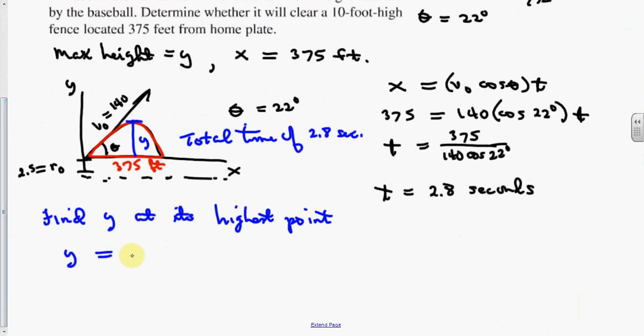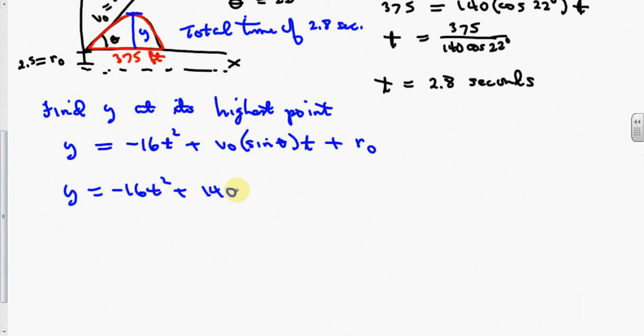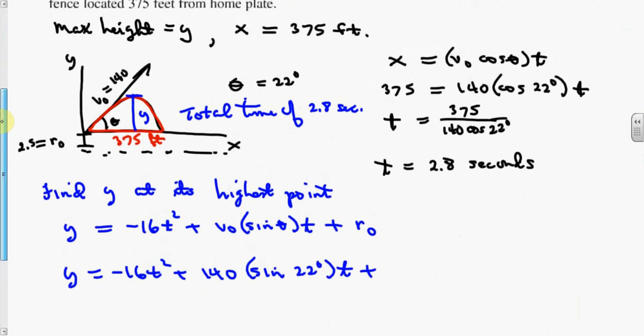This is y equal to negative 16 t squared plus the initial velocity times sine theta times t plus the so-called initial height. This is y equal to negative 16 t squared plus the initial velocity. They give us that to be, was it 140? 140 times sine of 22 degrees times t plus 2.5.